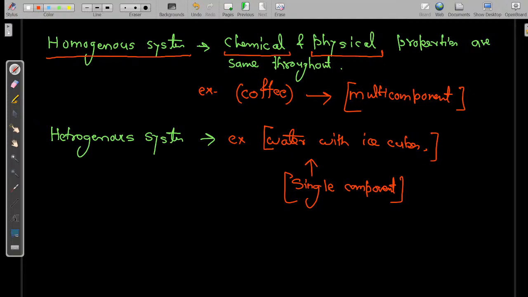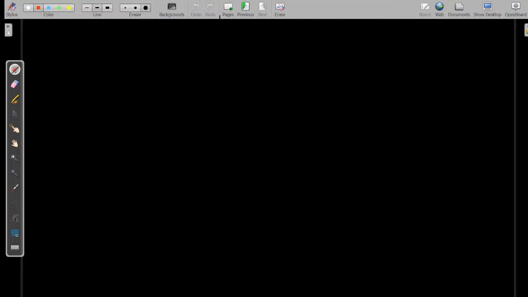Okay. Now after this we can define the Gibbs phase rule, with the help of which we define what are the minimum number of properties required.